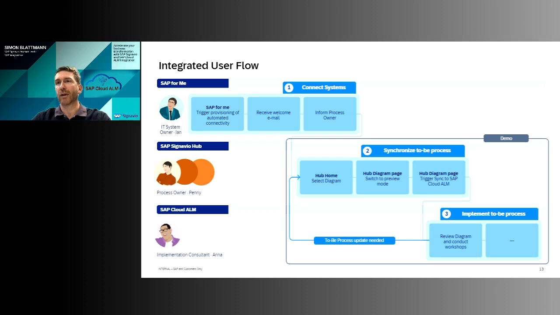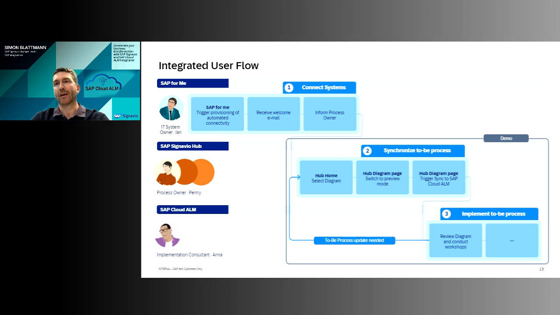So the administrator of SAP for Me, or another person with respective authorizations, needs to navigate into SAP for Me, select the system information tab, and then they will see within the BTP section an entry which is called the SAP Connectivity Platform for SAP Signavio Solutions. And this is always offered in the context of the available SAP Signavio workspace.